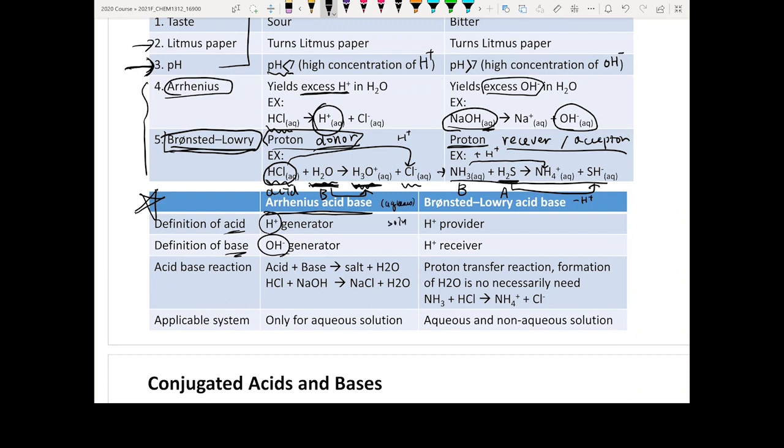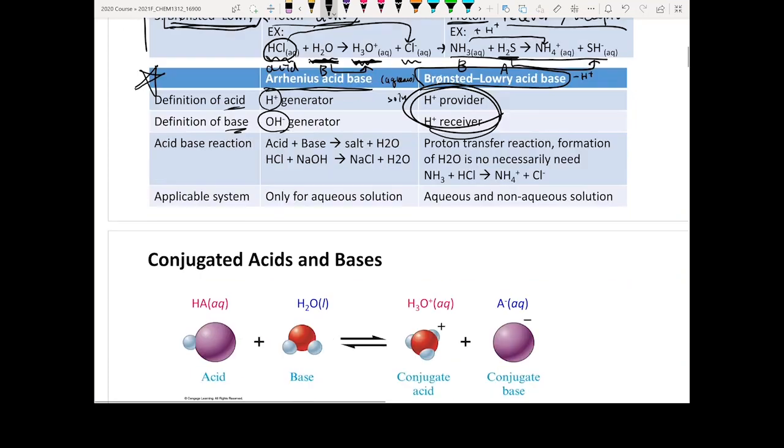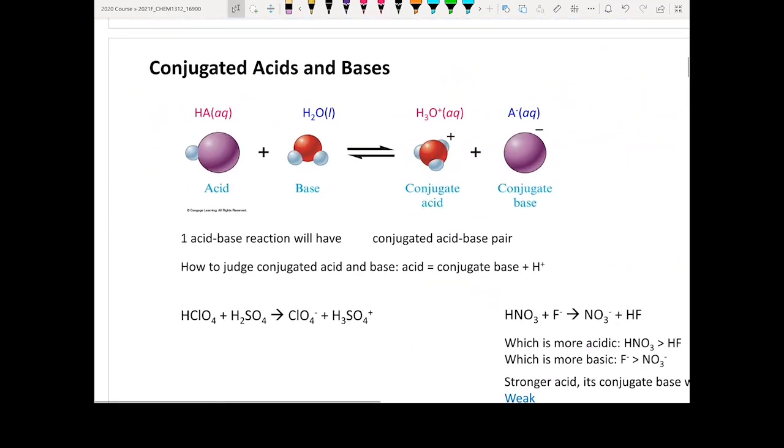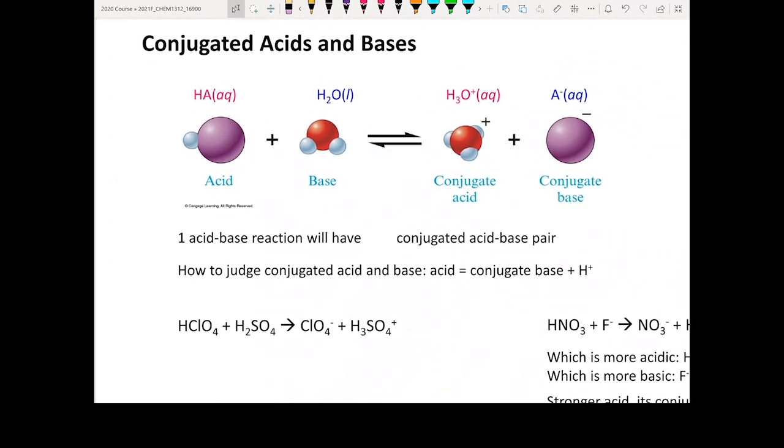However, to make this more general, later on, Lowry provided another theory. It defines the species that provides H+ as an acid, and the species that accepts H+ as a base. This is the concept that we're going to use a lot in this chapter. We're going to expand this concept a little bit more so we can bring up the concept of conjugate acid and base.